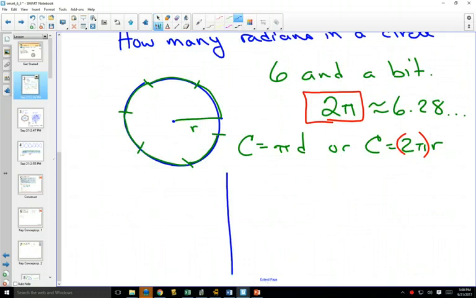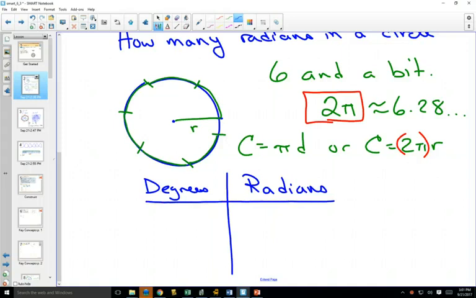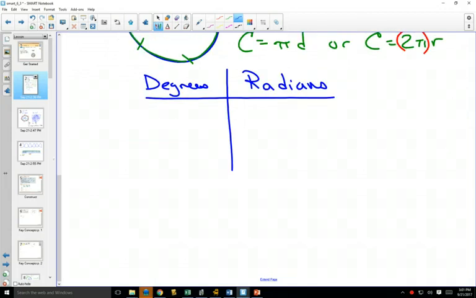If I make a chart here and on this side I put degrees and this side I put radians, I want you to tell me some values that you know both of, that they're equal to each other. And then I'll give you some extra ones. So give me a statement. Blah, blah, blah degrees is equal to blah, blah, blah radians. What numbers could you tell me?